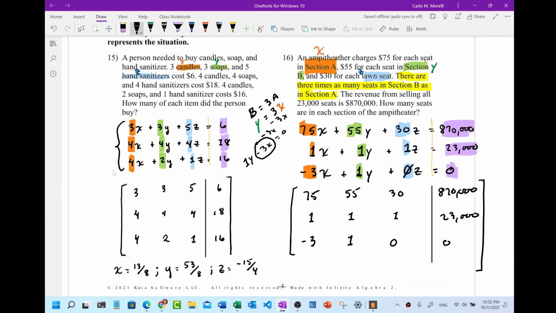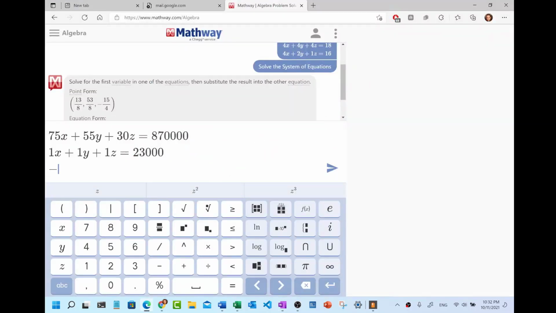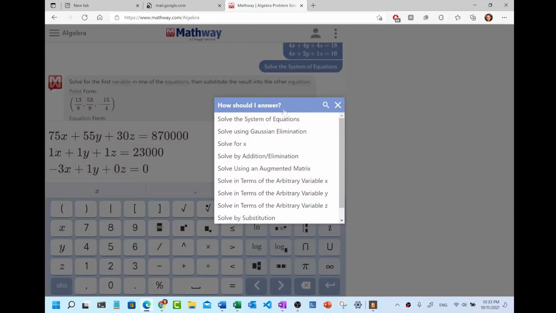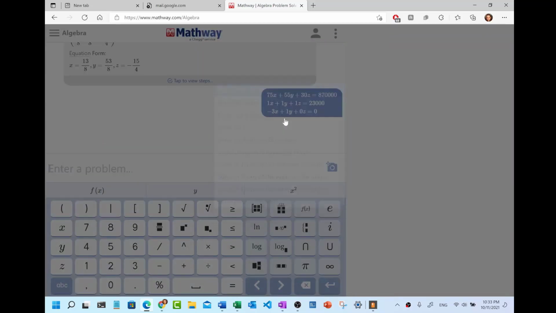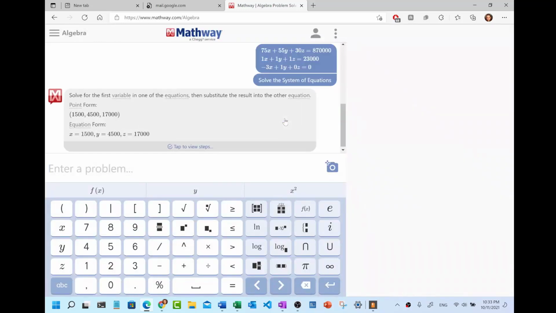The least intuitive step, negative 3x plus 1y plus 0z equals 0. Okay? Enter and solve. And there you go. 1,500, 4,500, 17,000.